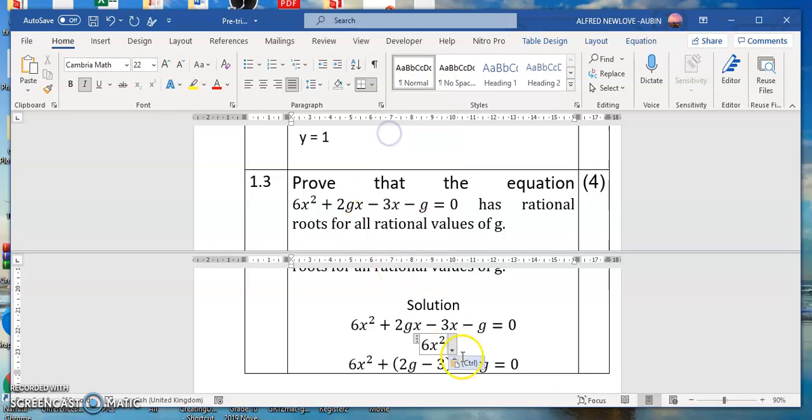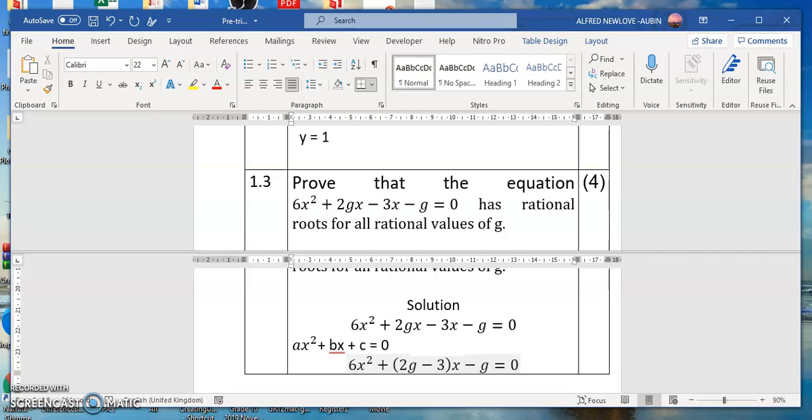Now this one, remember the general quadratic formula is ax squared plus bx plus c equals 0.